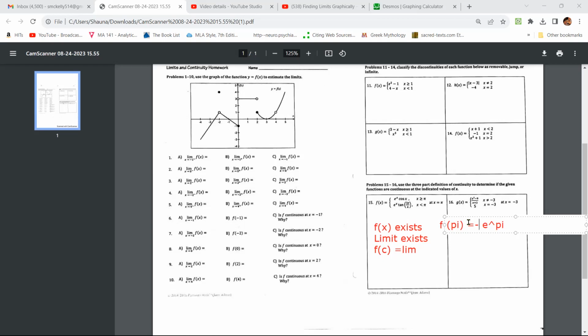Now I have to find the limit on either side, approaching pi. And again, you can put the value in there if it's continuous. So the tangent, I'm going to help you out here.